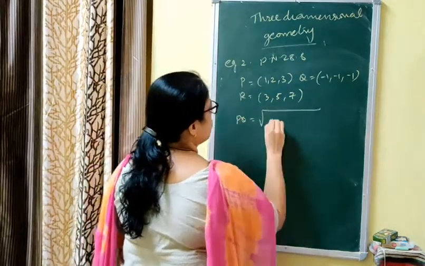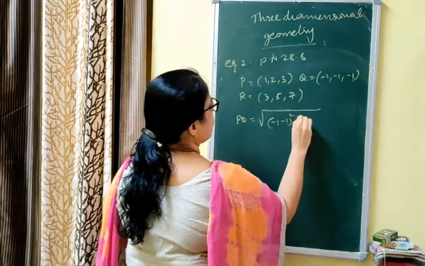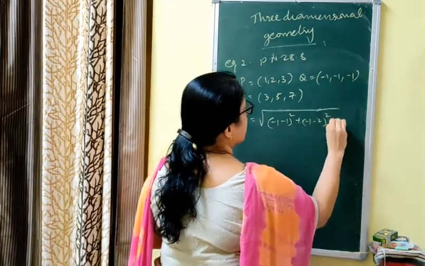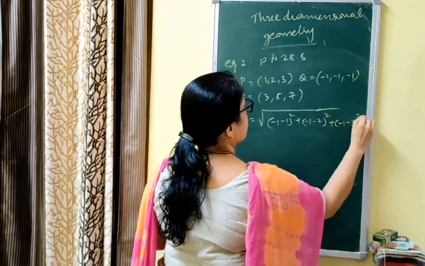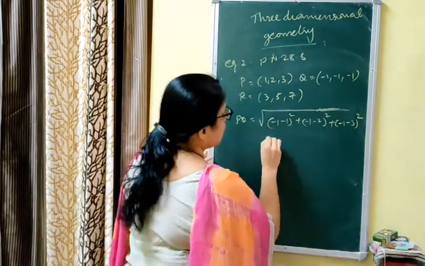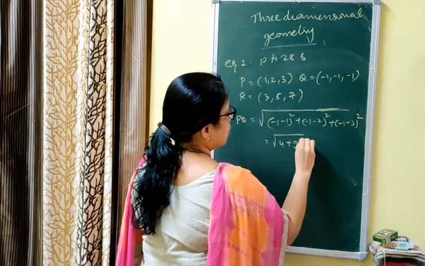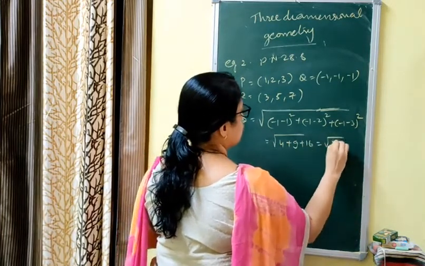PQ is equal to, by using the distance formula, square root of (minus 1 minus 1) whole square plus (minus 1 minus 2) whole square plus (minus 1 minus 3) whole square. It becomes 4 plus 9 plus 16, that is root 29.